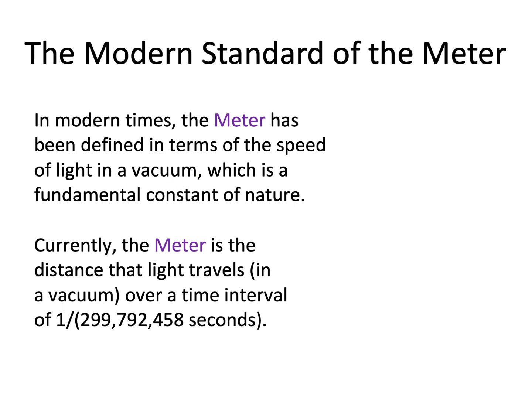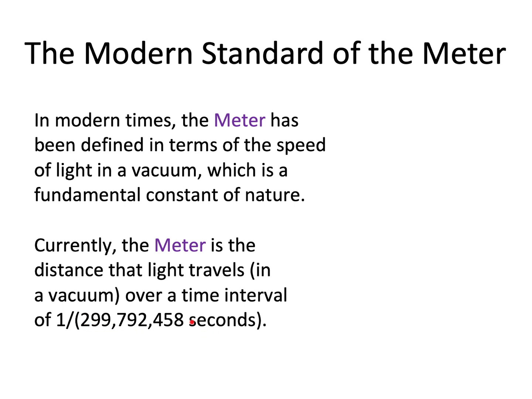So it's not going through glass or air, it's just going through empty space. And it turns out that the speed of light through a vacuum is a fundamental constant of nature that does not change. And so currently, the meter is defined as the distance that light travels in a vacuum over a time interval of 1 over this many seconds.